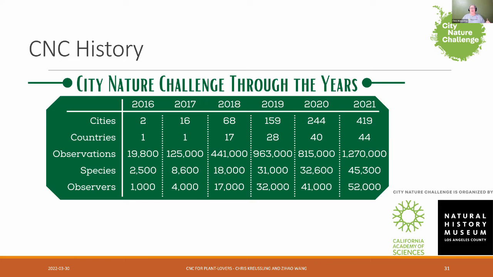It's interesting that the number of observations dropped in the first year of the pandemic, but jumped back up in the second year. And the number of species and observers continue to increase despite the pandemic. So it's very interesting that people found this as an opportunity to get out and observe nature, and was sort of a welcome break to get outside.